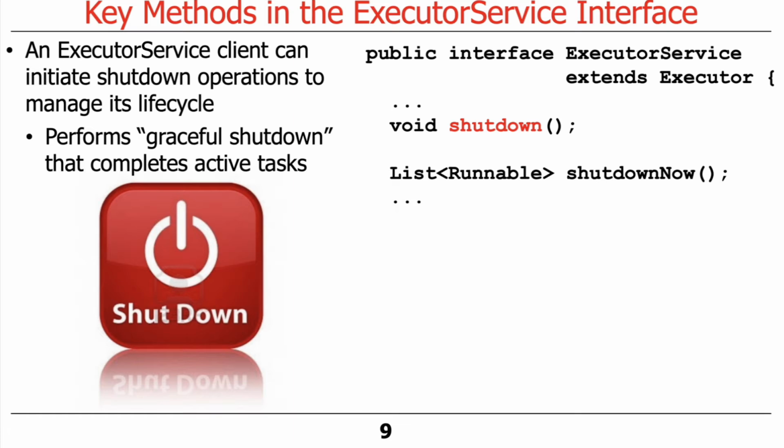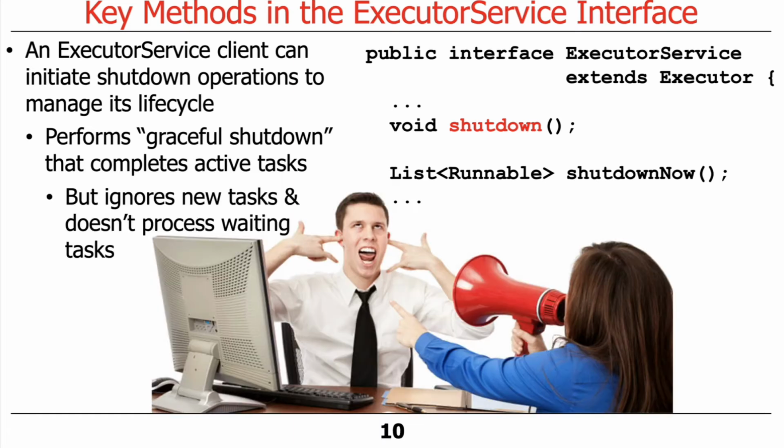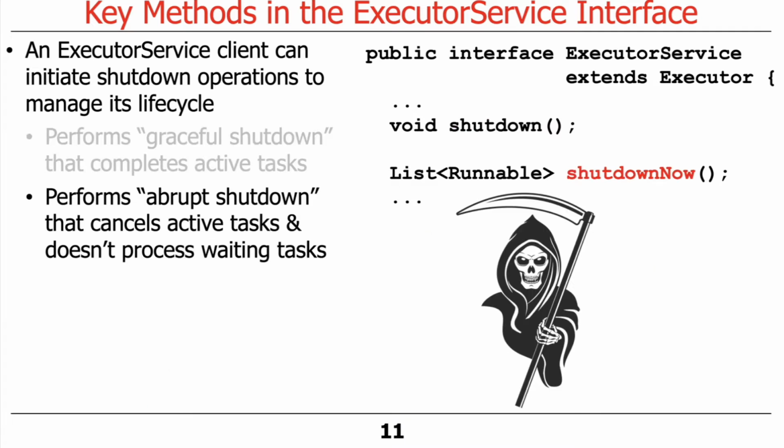That means tasks currently running in threads in the thread pool can continue to run until they're done or until they fail. However, any new tasks that come along are not going to be processed. So anything that someone tries to submit or execute will just be discarded.